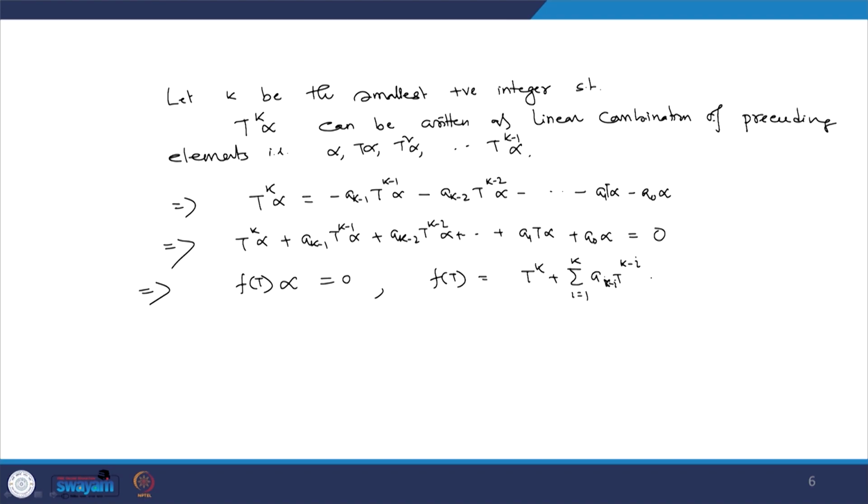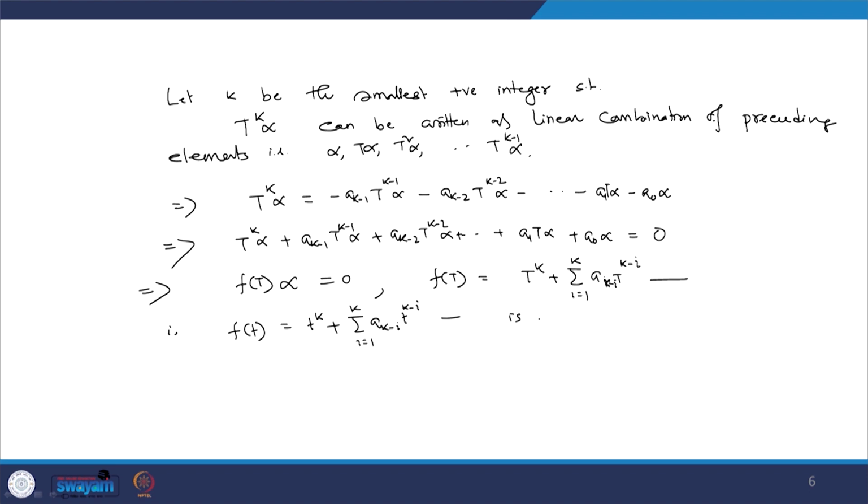So, one can write that f of small t is equal to t to the power k plus sigma a k minus i and t to the power k minus i, i equal to 1 to k.